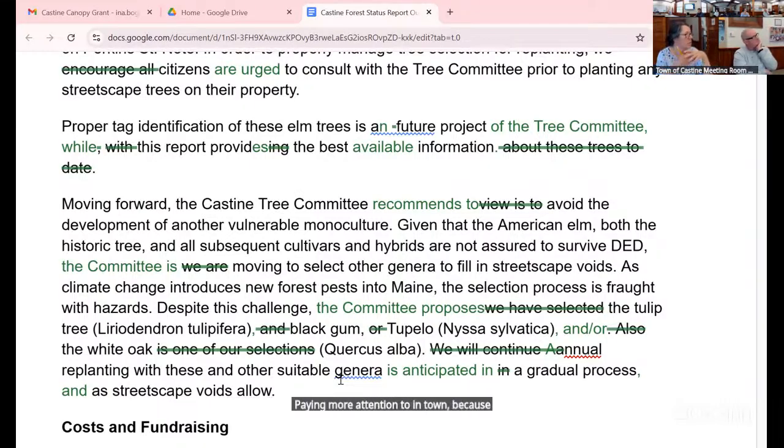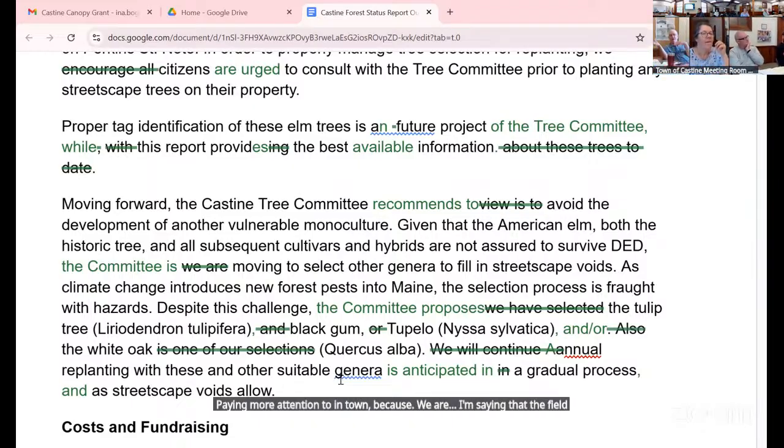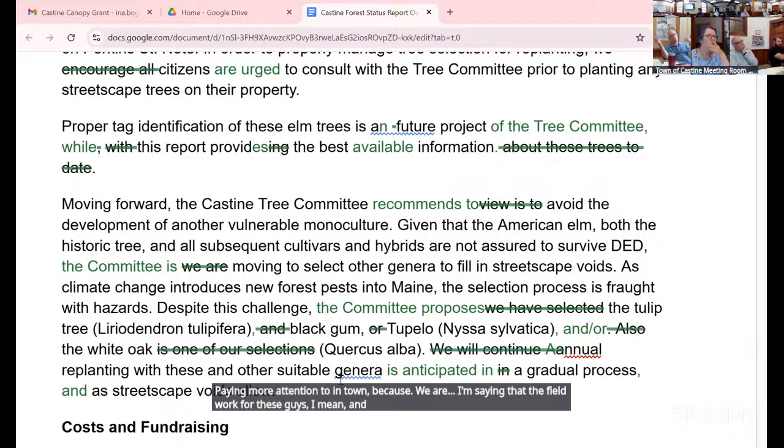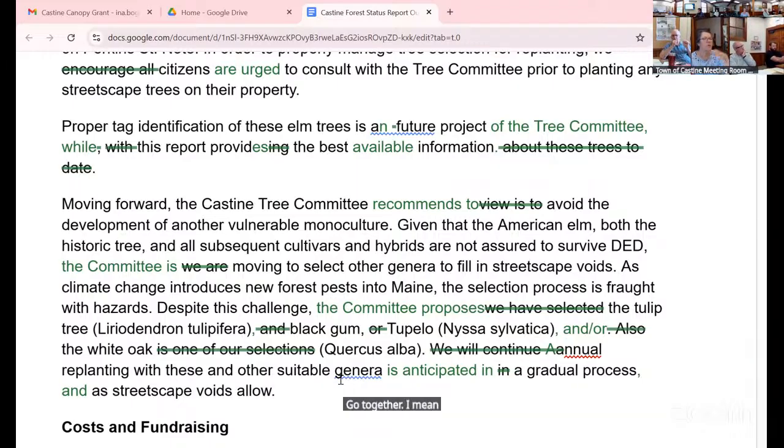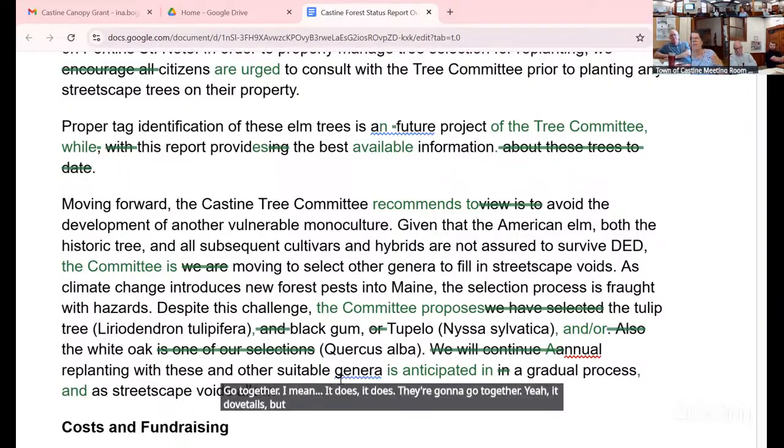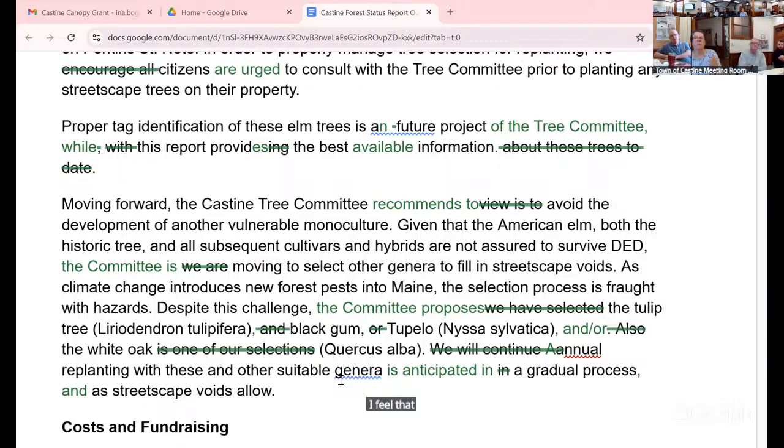I'm thinking of the field work these guys are doing and the canopy in the town, other than the streetscape. Yeah, it dovetails, but I feel there might be more we want to speak to beyond what trees should be replanted. It's a really important question.